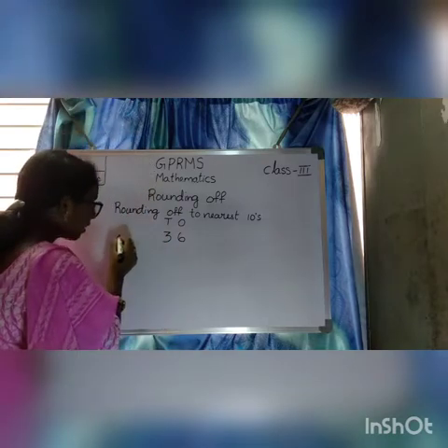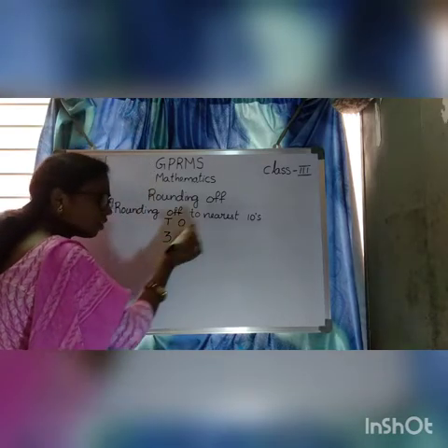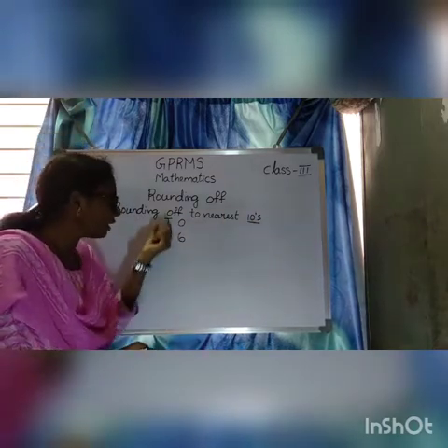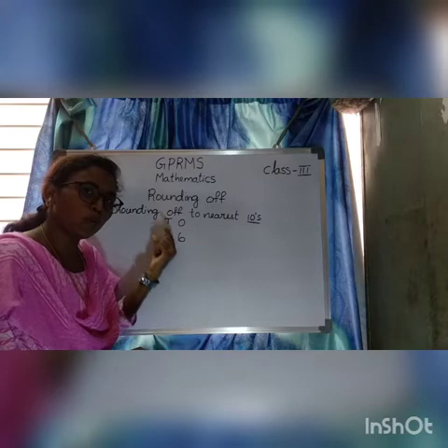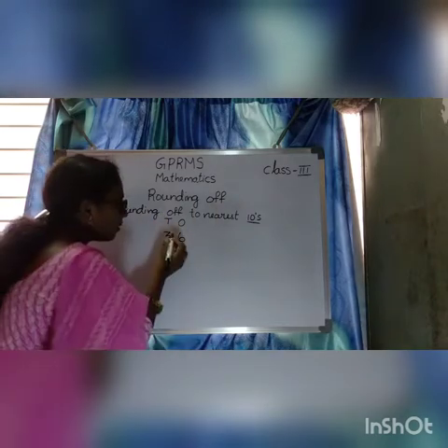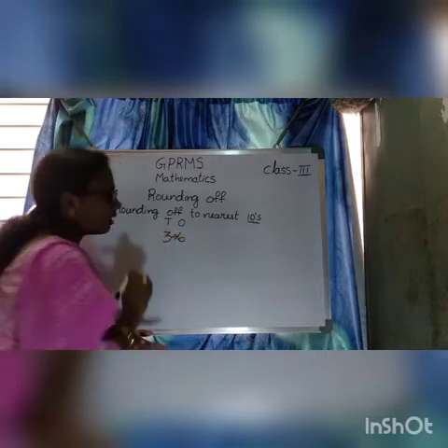See here, I am going to round off to the nearest tens. That means I am rounding off the tens digit. When I am going to round off a particular digit, I should see the digit which is right to that digit.